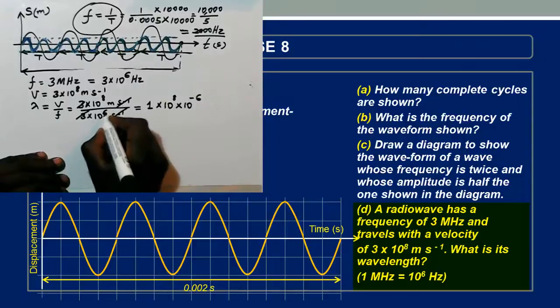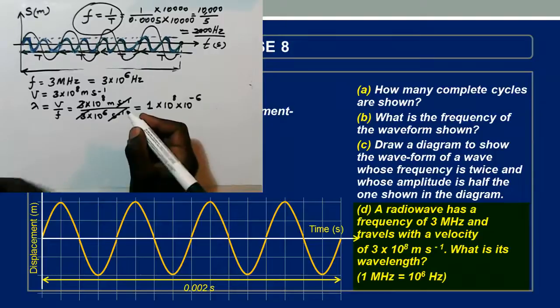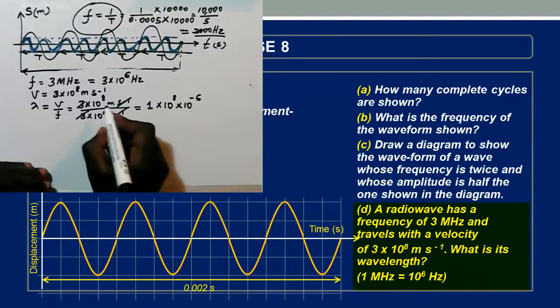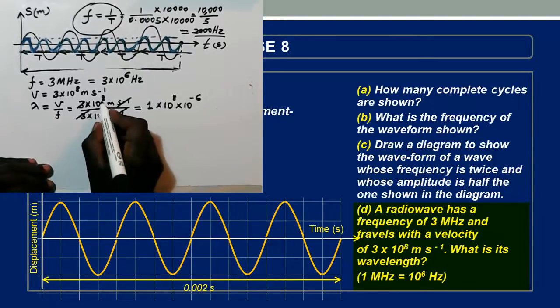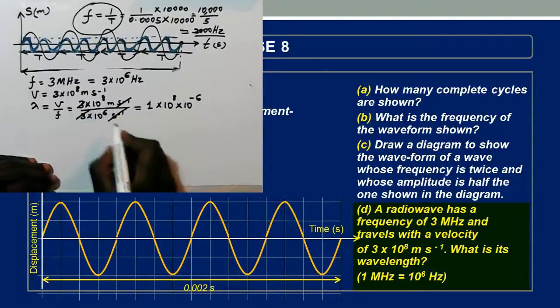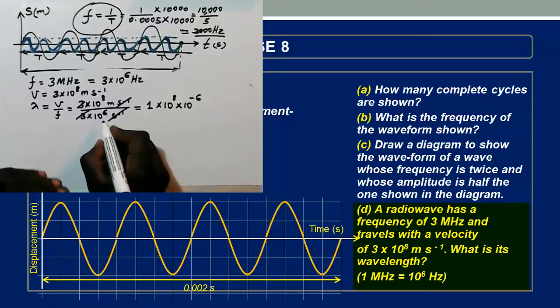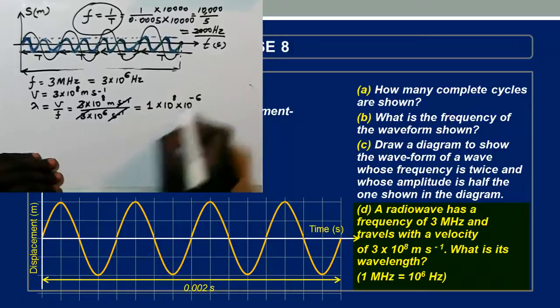For example, this one is 10 raised to positive 6. Of course, we usually don't write positive in front of the number when the number is positive. So every number which does not have a negative is assumed to be positive. But when it acquires a negative sign, we have to indicate it.